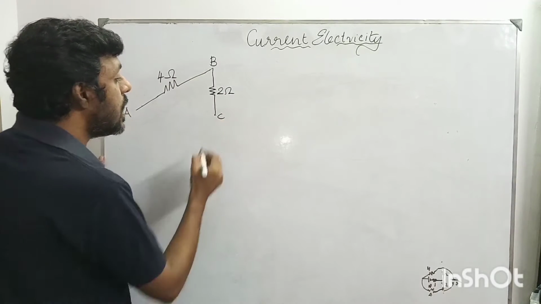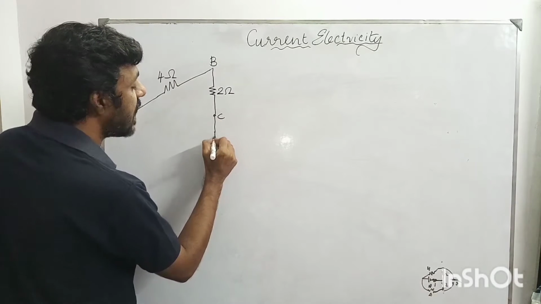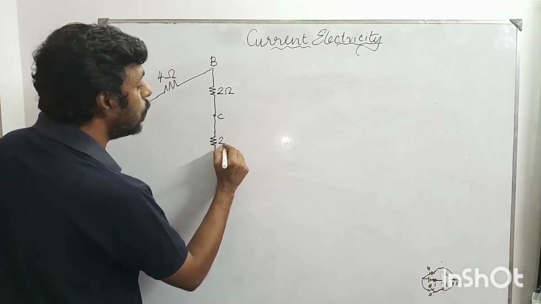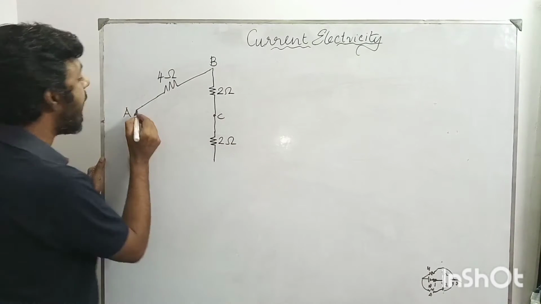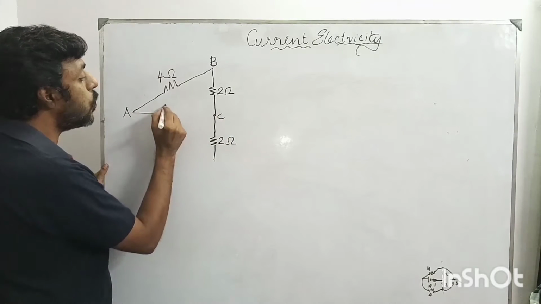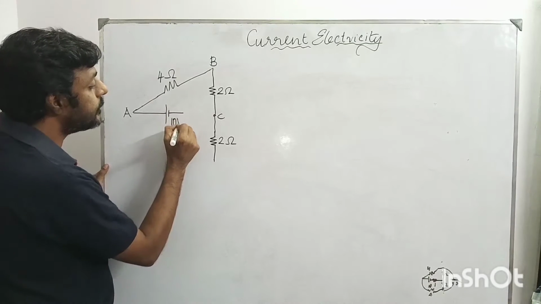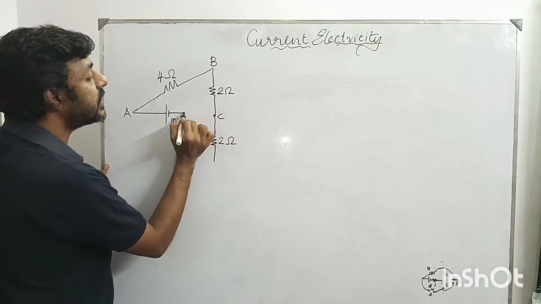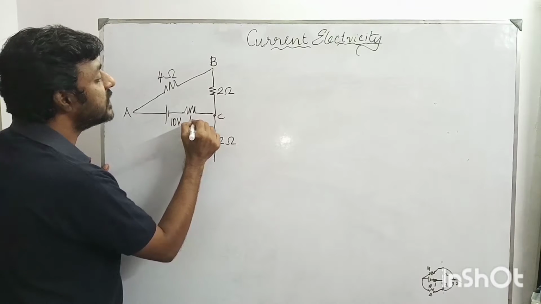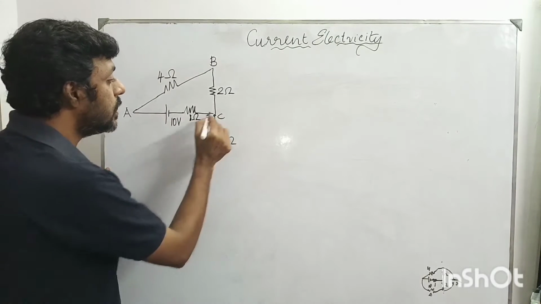CD is another branch having a resistor of value 2 ohms, and AC is another branch which is having a voltage source of 10 volts, and another resistor of value 1 ohm is connected in series with this voltage source, right?